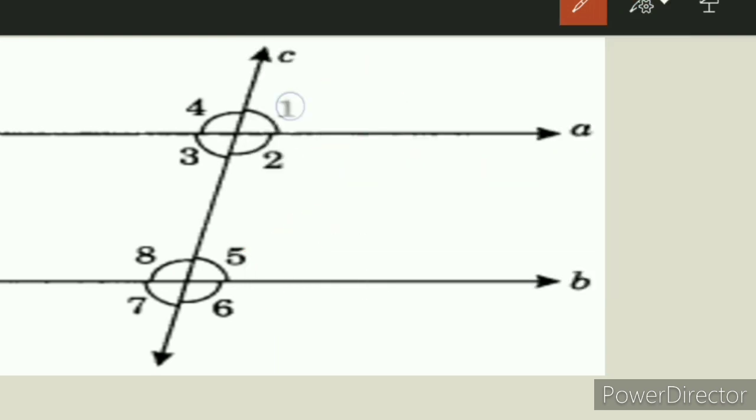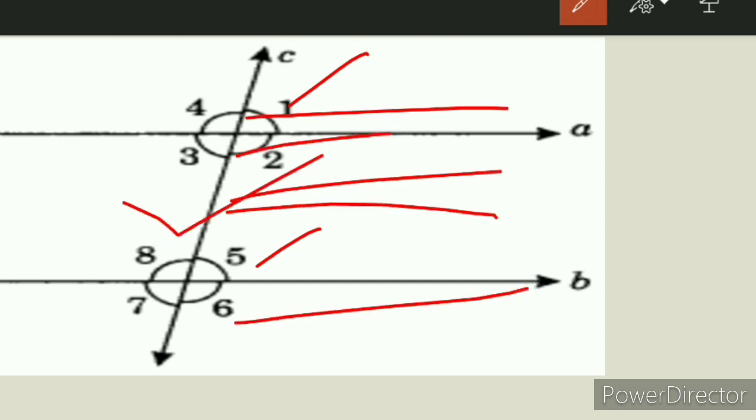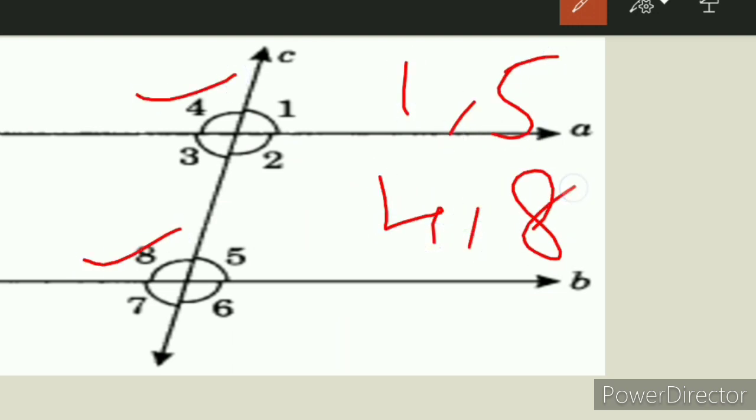Above the parallel lines, 1 and 5 are corresponding angles, also on the same side, that is the right hand side of the transversal. Got it? Similarly, on the left hand side of the transversal and above the parallel lines, the angles are 4 and 8. So 1 and 5, 4 and 8 are two pairs of corresponding angles. Its property: corresponding angles are equal.